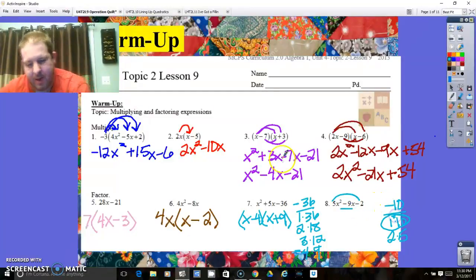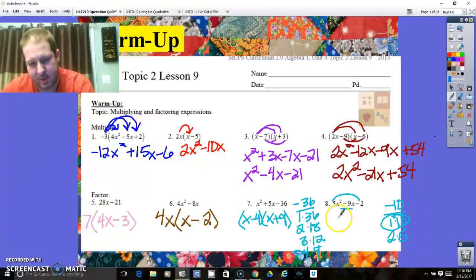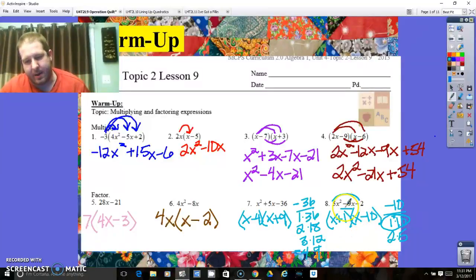Now, since I figured that out, negative 10 and 1, I'm going to pretend there's no leading coefficient and write it as if it was just that. So that would be x plus 1 times x minus 10, because those two numbers multiply to get negative 10, but they also add up to negative 9. Now, there is a leading coefficient of 5, so what you're going to do is divide both of those numbers by 5.